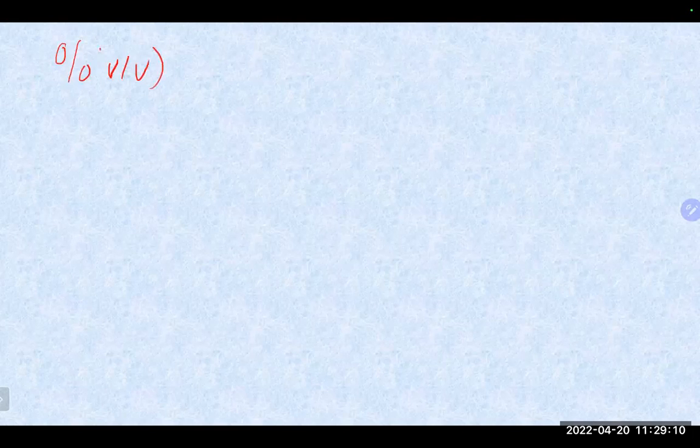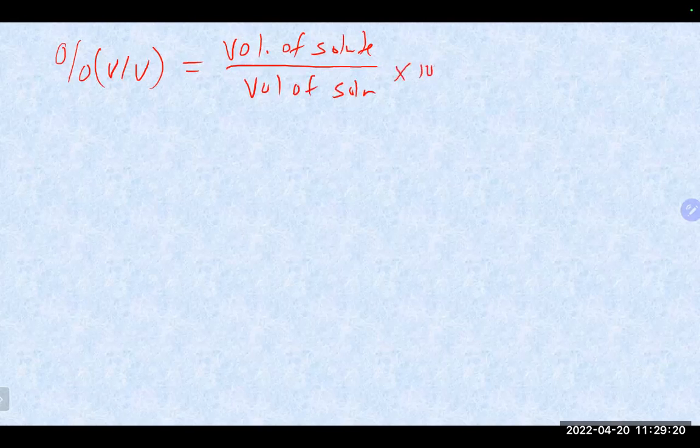In addition to percent mass to mass, there is percent volume to volume, like in alcohol, and that is the volume of solute divided by the volume of solution times 100%. This is typically milliliters on top and milliliters on the bottom. You don't have to worry about the bottom one, because usually they just give you the volume of the solution. It's not separated or anything like that.